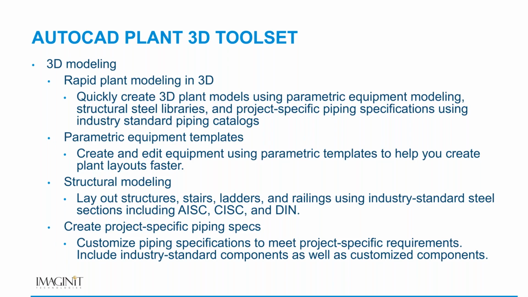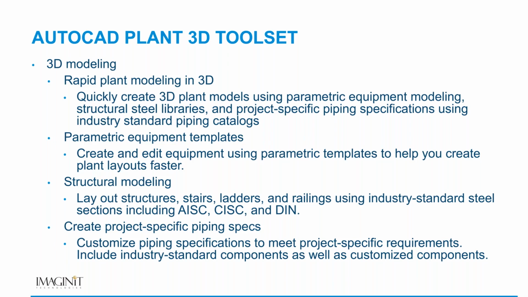Now, if you're not dealing with the process equipment and you're only dealing with the building and the structure, then the next piece, the structural modeling, is far more important to understand, as you can lay out structures, stairs, ladders, railings using the industry standard steel sections that include the AISC, CISC, and DIN standards, and those are built into Plant 3D. And then you can also create project-specific piping specs.